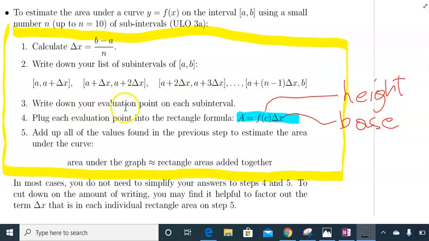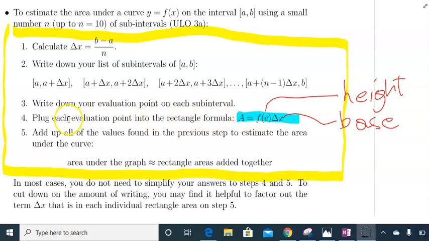Then we want to evaluate each point on the subinterval. That is, for each endpoint that we choose, we want to plug that into our f of x function. We're going to call each of those c. So we just say it's f of c.